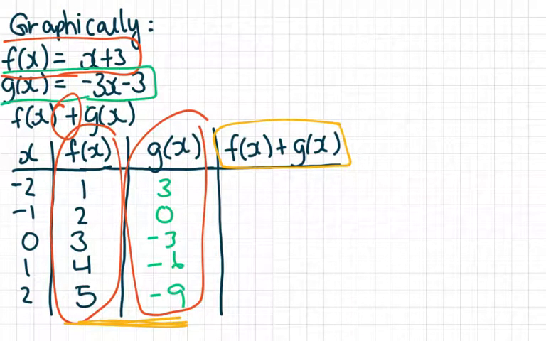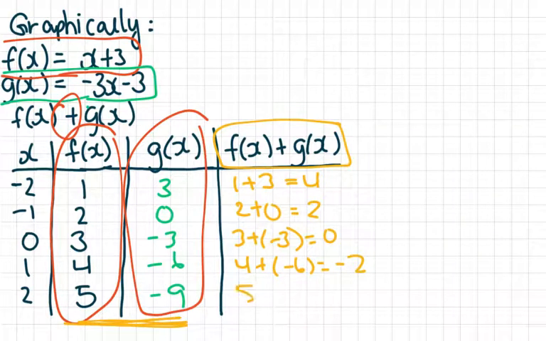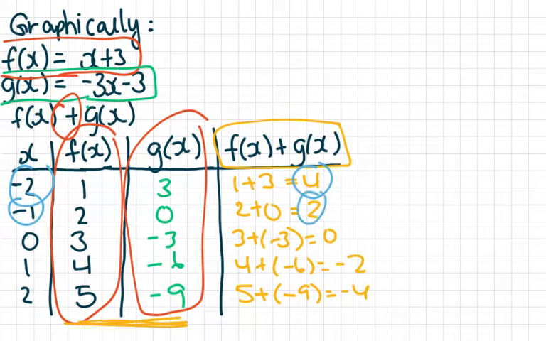So 1 plus 3 equals 4. 2 plus 0 equals 2. 3 plus negative 3 equals 0. 4 plus negative 6 equals negative 2. 5 plus negative 9 equals negative 4. So now the new coordinates of the added functions are -2, 4, -1, 2, 0, 0, 1, -2, and 2, -4.